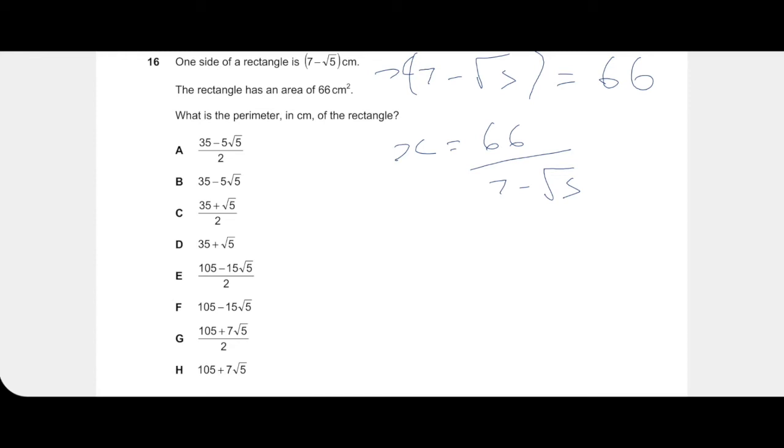Now we know what x is, and we want to rationalize the surd at the bottom.